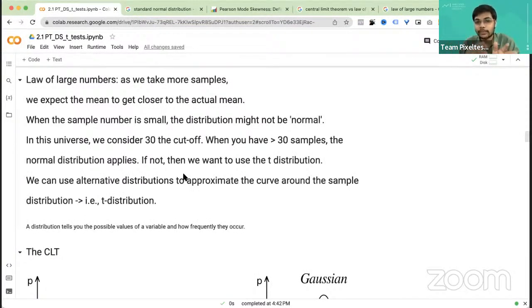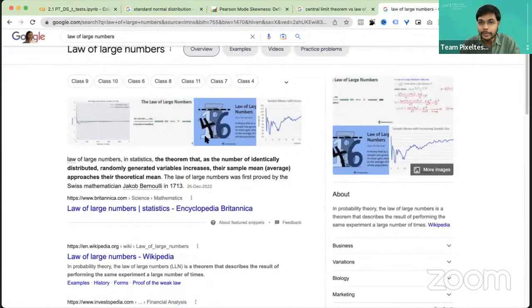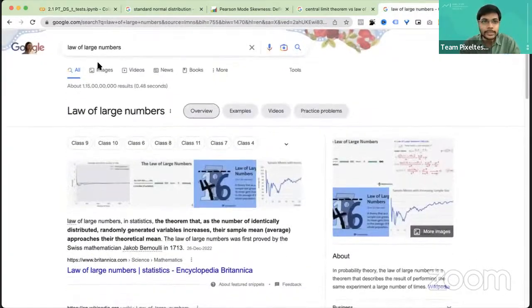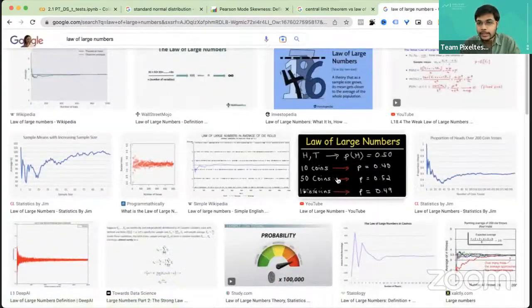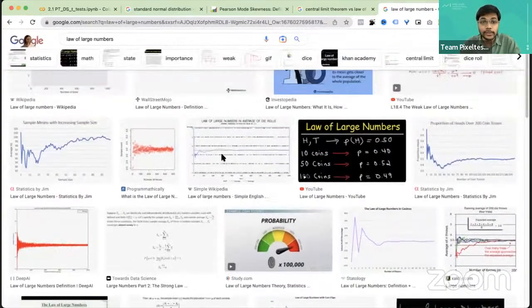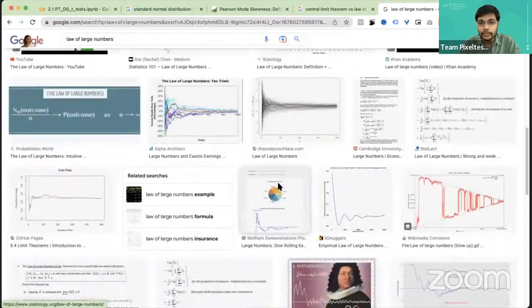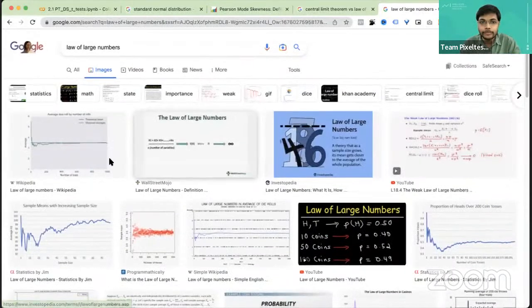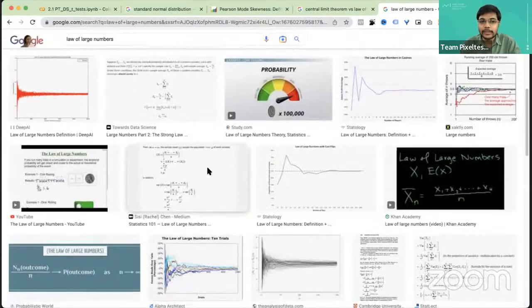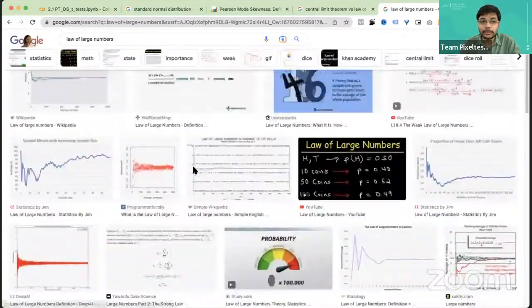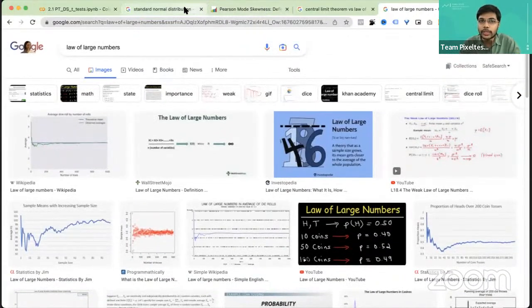So the more samples you take, each of the samples gives a result, and you take the average of all the samples, right? Let's say there was an example of a coin flip, which I just glanced through. A coin flip is an example where there are only two outcomes.